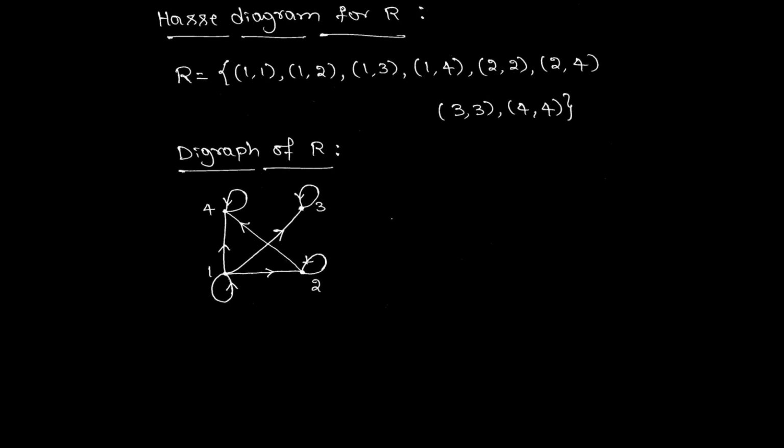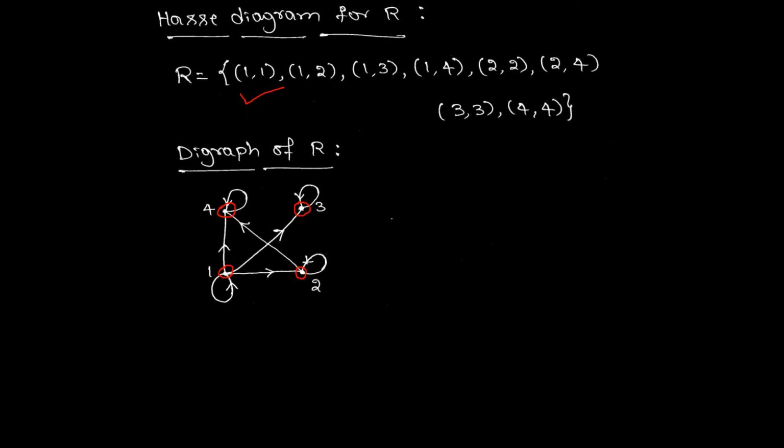We take the vertices 1, 2, 3, 4, because 1, 2, 3, 4 are the elements of A. Then by looking at the relation, we make the diagraph. We already know how to write the diagraph using the relation.